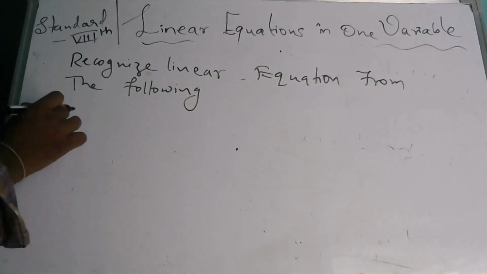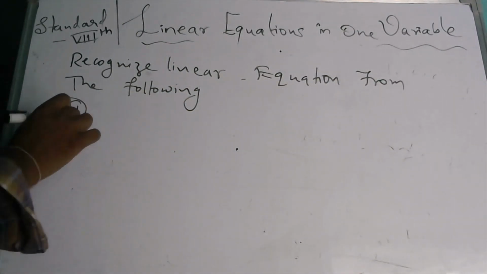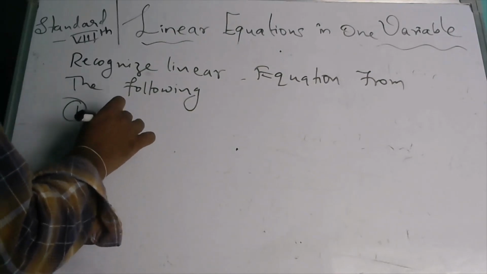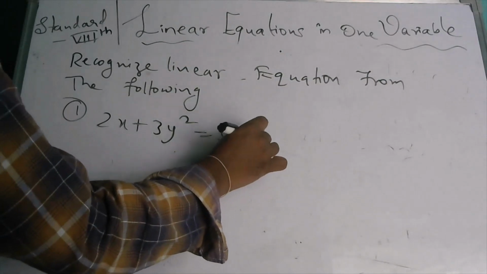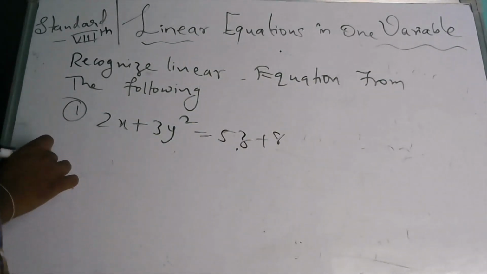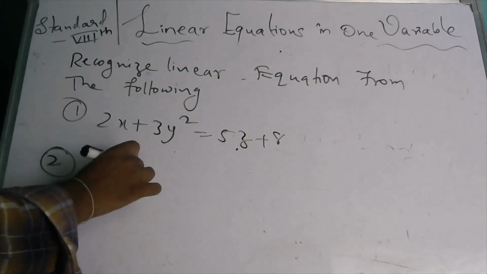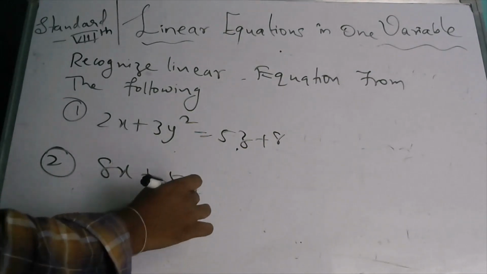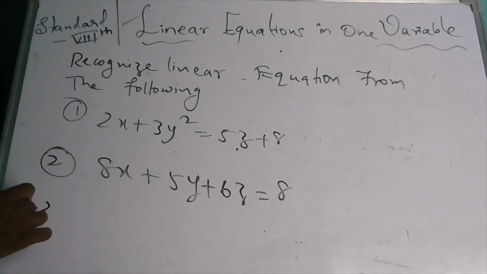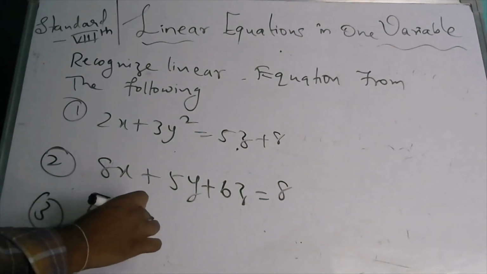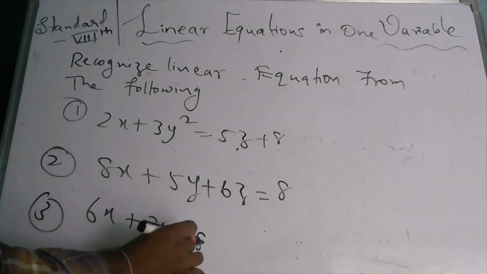So that is the first one. You can say something like 2x plus 3y squared is equal to 5z plus 8. Or else the second one, 8x plus 5y plus 6z is equal to 8. Third one, 6x plus 3y is equal to 8.